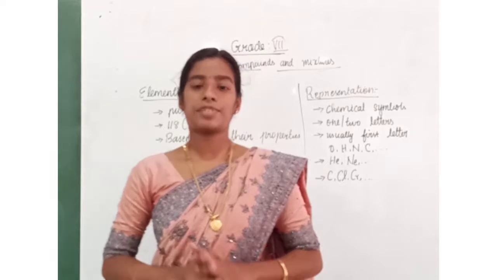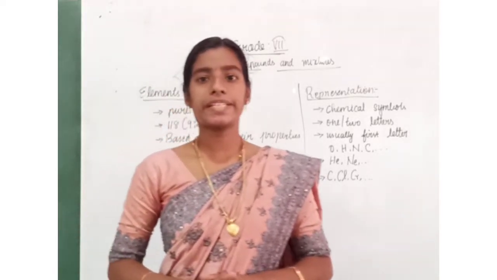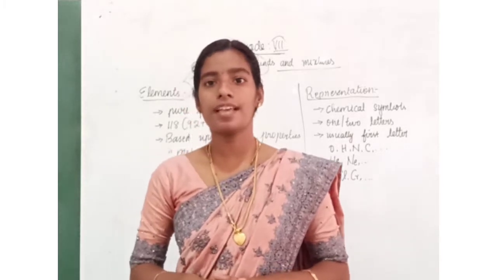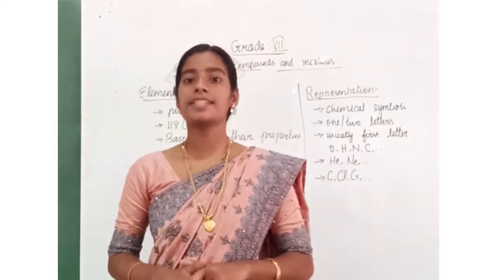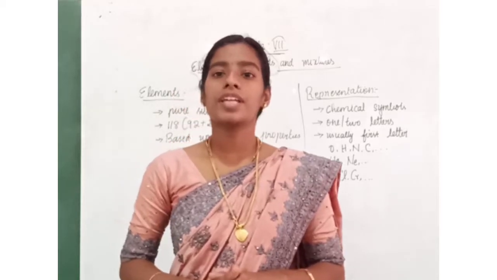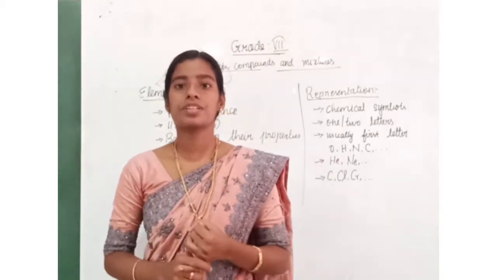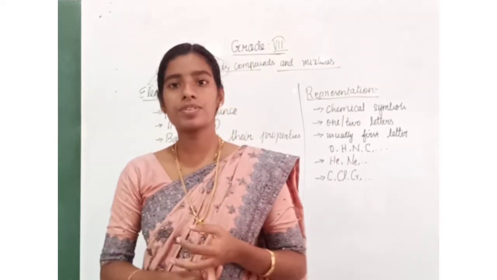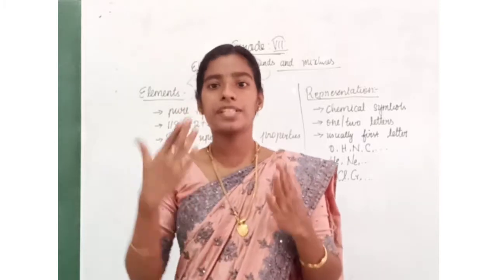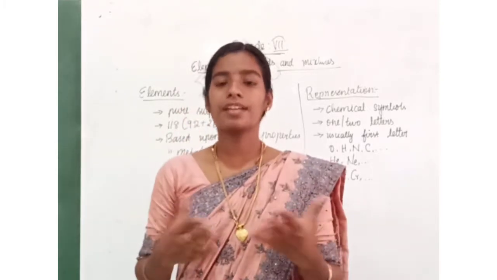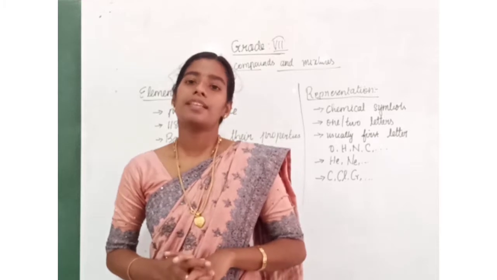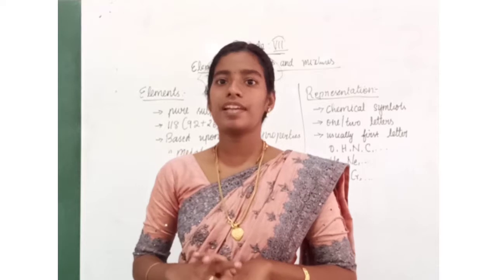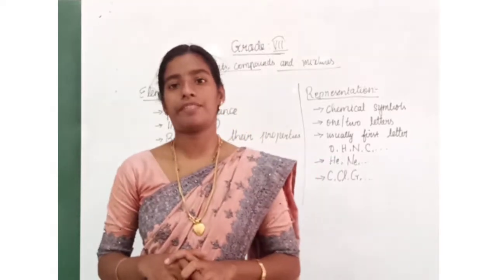This chemistry class, we have completed our unit 3. What is our unit 3? Elements, compounds and mixtures. We have learned about what is an element, representation of element and its properties, then compounds, its representation, then mixture, what is a mixture, types of mixtures, then we have learned about separation techniques, finally paper chromatography.